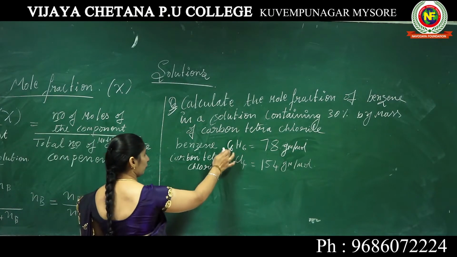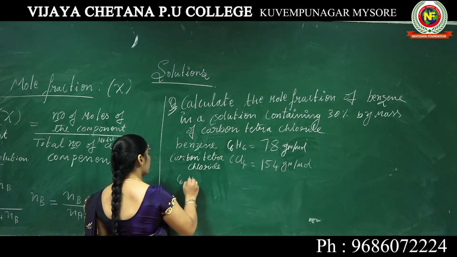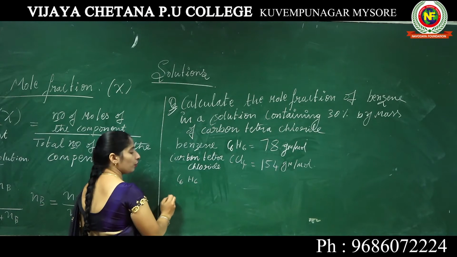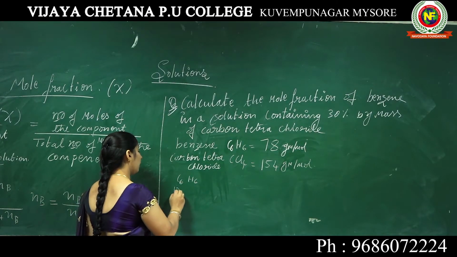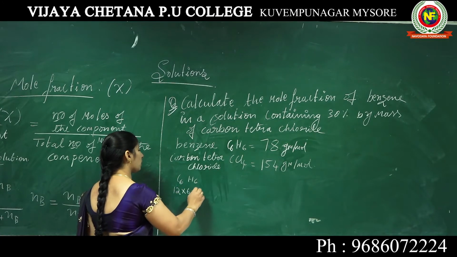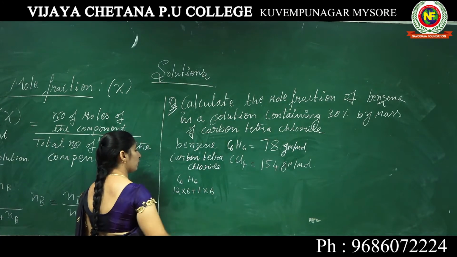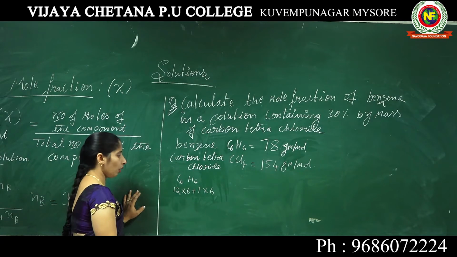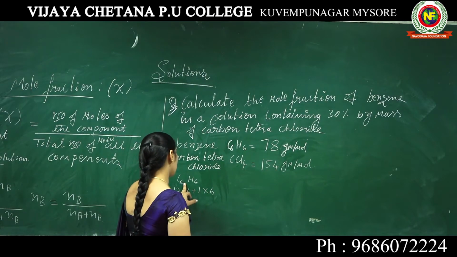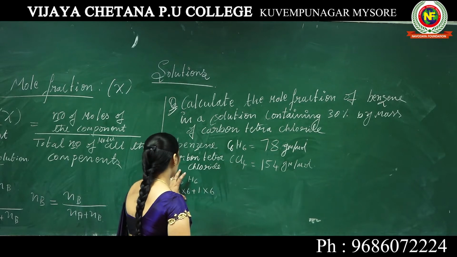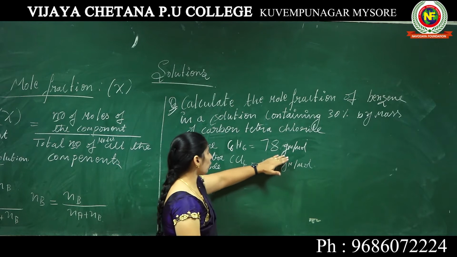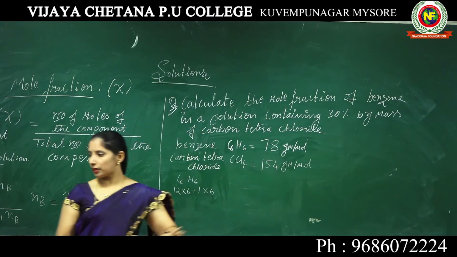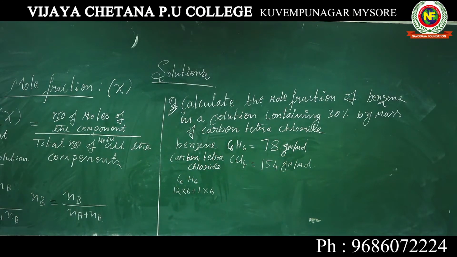For example, for C6H6, we know how to find the molecular mass of benzene: carbon 12 into 6 plus 1 into 6. So the molecular mass of benzene comes to 78 gram per mole.